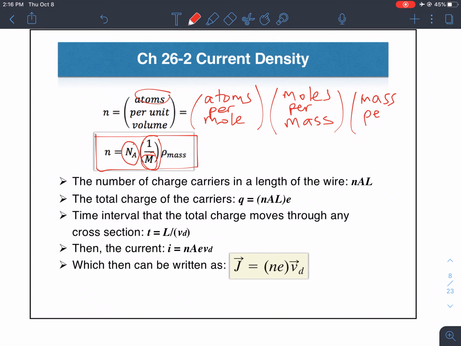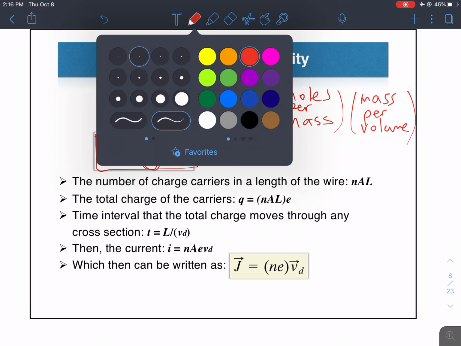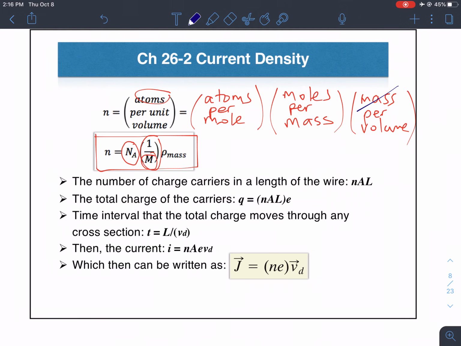Okay, that's mass per volume. So if you think about this for a sec, and then let's just check the units. These masses will go away, moles will go away, and then you have atoms per volume as we wanted to get. Okay, so that is the number of charge carriers.